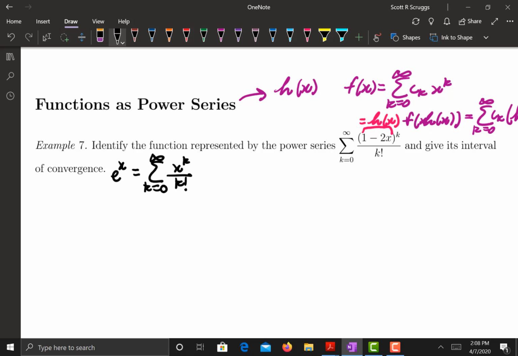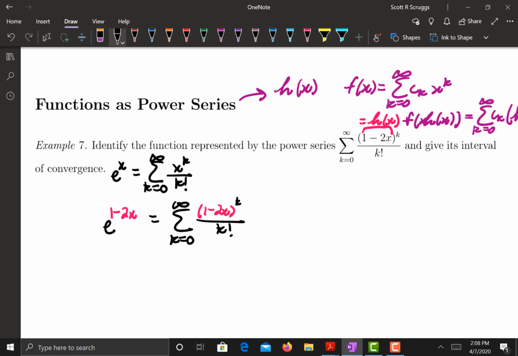Meaning, based off of that property, I get that series by just plugging in 1 minus 2x into our normal Maclaurin series. And there's my function represented as a power series.